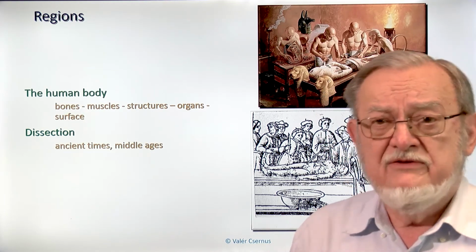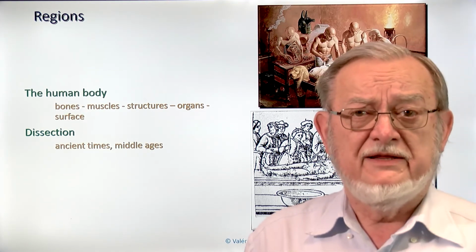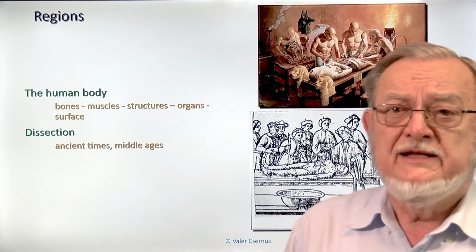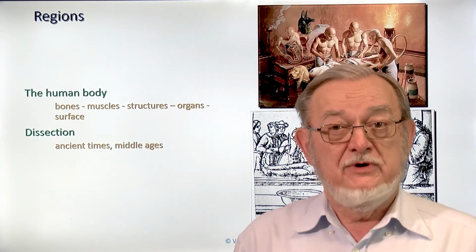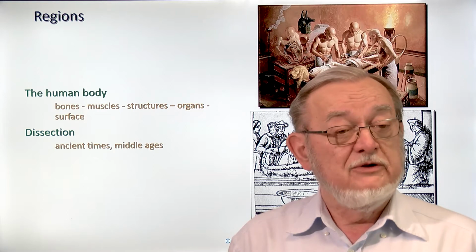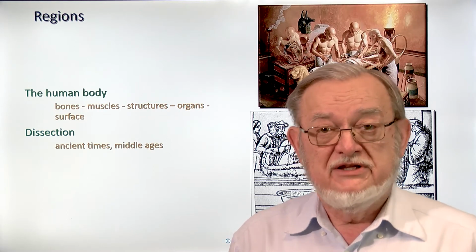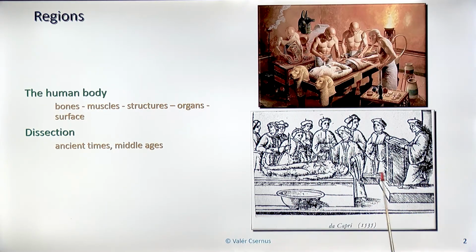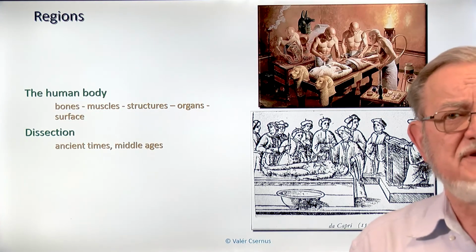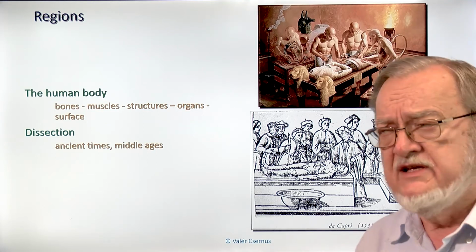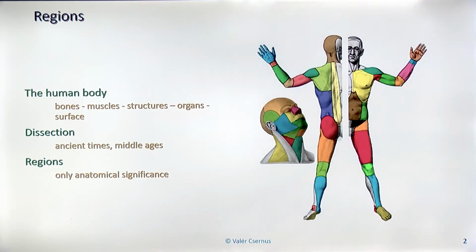Even more, in Europe, where dissection was forbidden, the doctors went on a study trip to Egypt to study their anatomy, including the big Greek doctors. In Europe, the 16th century was the first step of organized anatomical training.